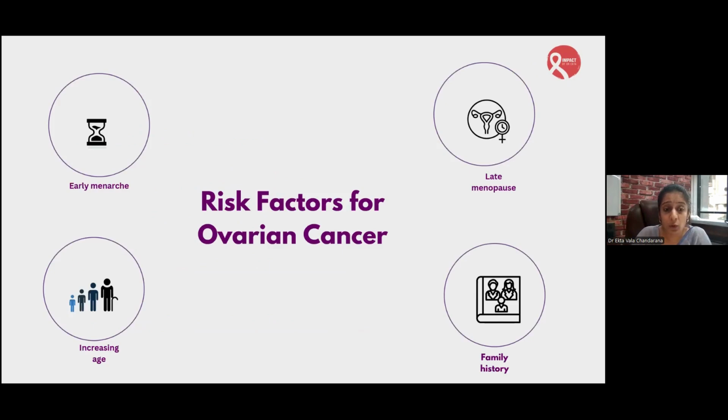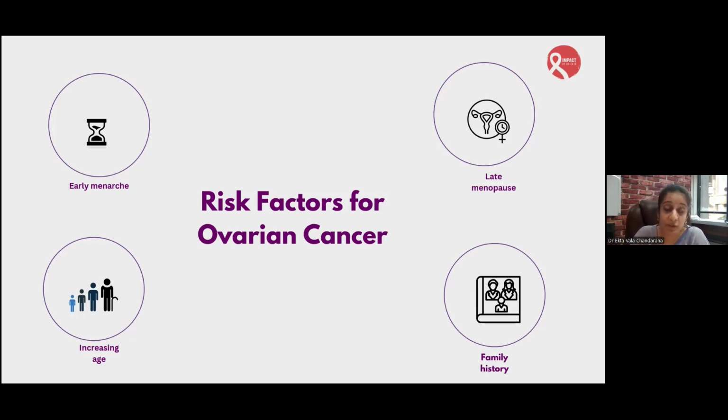See, the majority of ovarian cancer patients have symptoms. Majorly, we see symptoms such as early satiety, abdominal indigestion, pelvic heaviness, or discomfort. The symptoms are very vague, and that's why the majority of patients are detected at stage 3 and 4, and only some 25% of patients are detected at early stages.